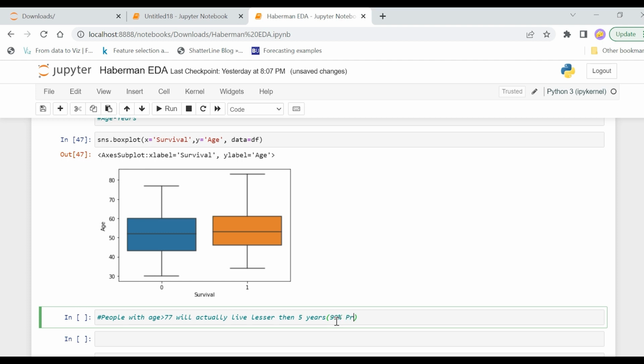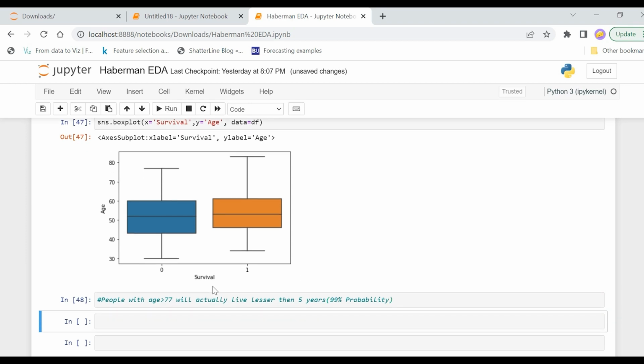Because from this plot, I'm not talking about the sheer number, I'm just speaking about the fact that you can see the maximum value ends nearly at 77, 78, and above that all people are kind of dying. So we can say that there is a maximum possibility that people after age 77 will live lesser than 5 years after operation.